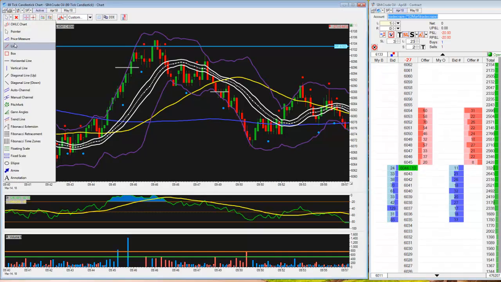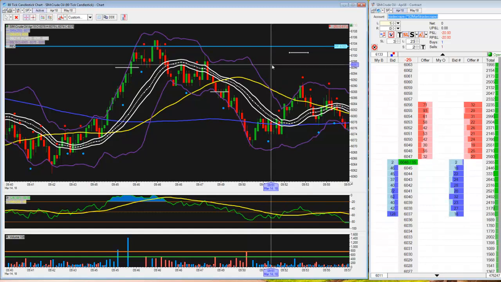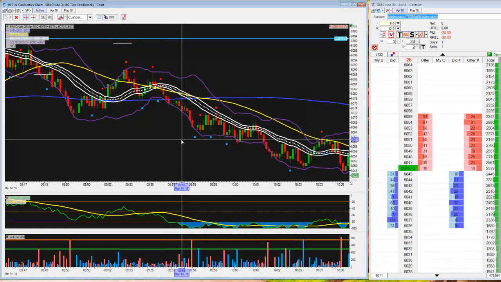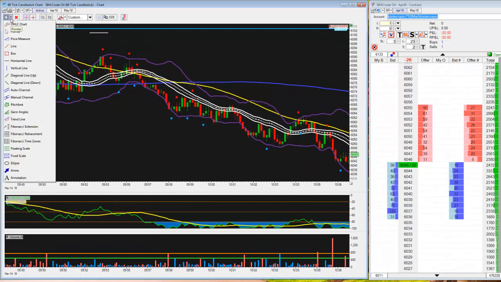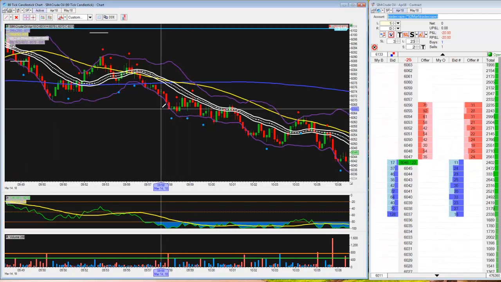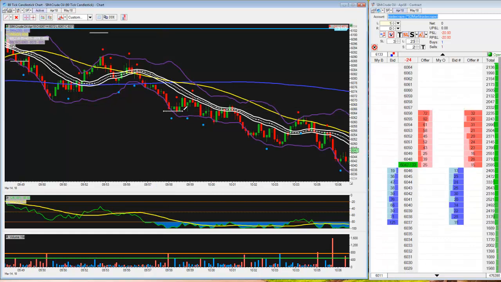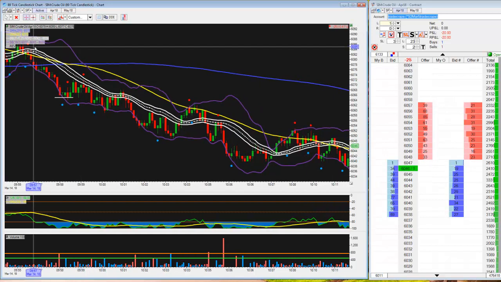I haven't looked to the right yet, so this is kind of new to me to see if we won or lost. 61.01. Oh, cool. Alright, so 60.88, 60.65 is 1p. There's 1, 2, 60.42.